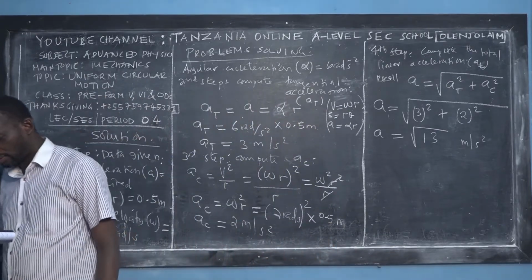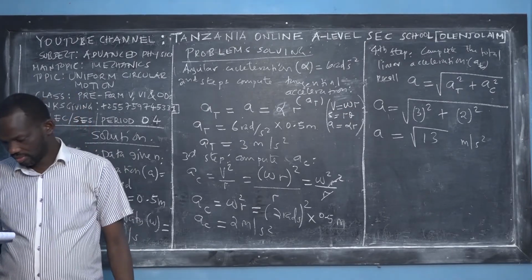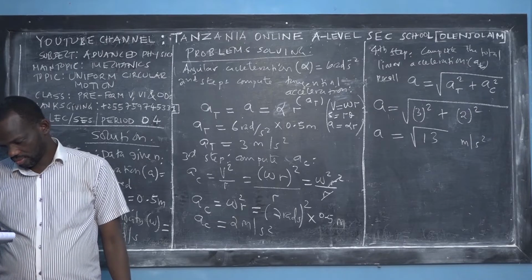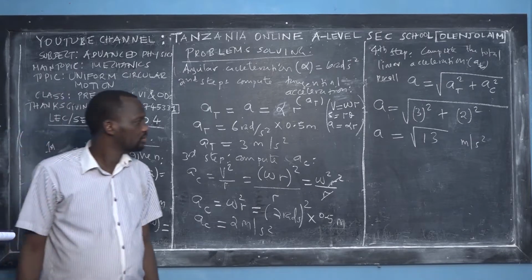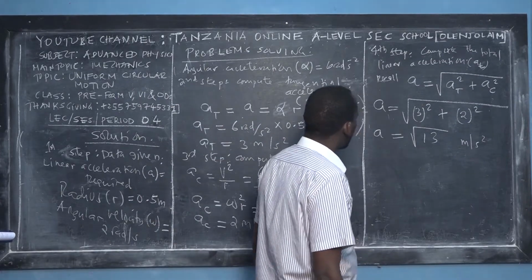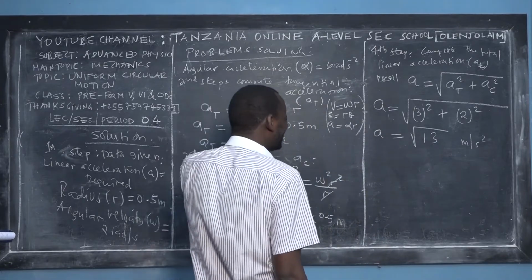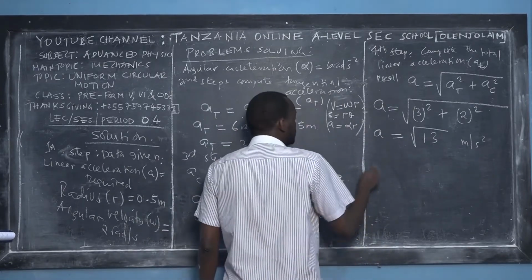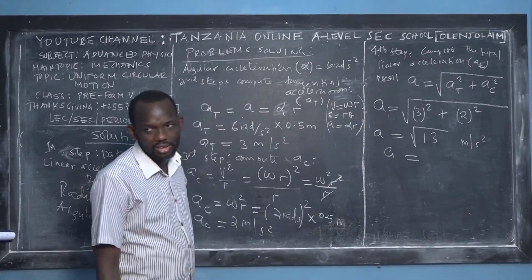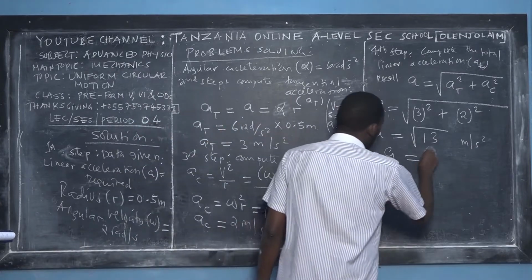What is the square root of 13 in decimals? 3.6. 3.6 what?